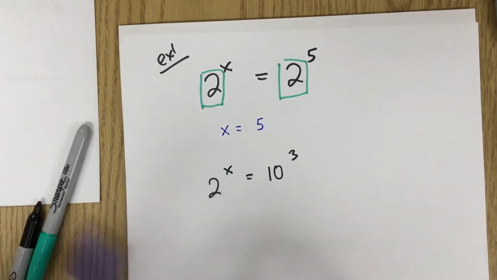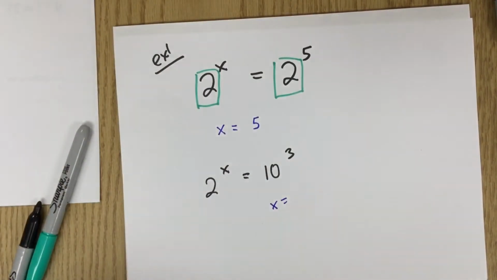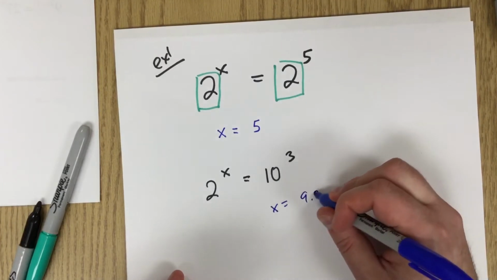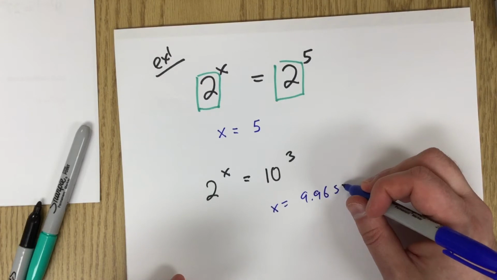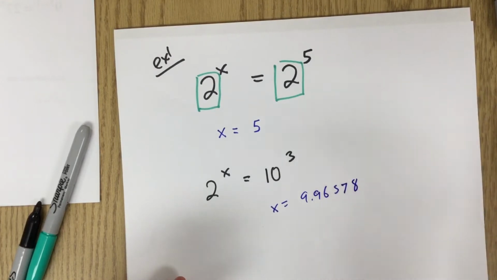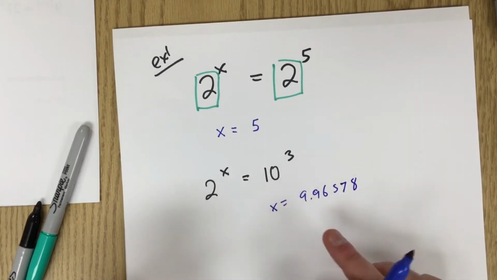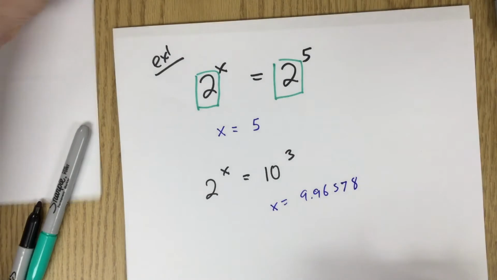In fact, I think the answer turns out to be something like 9.96578. And there's no way to get from this to this at this point. So we're only going to solve it if the bases are equal.